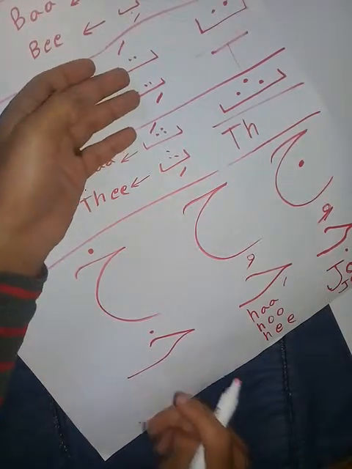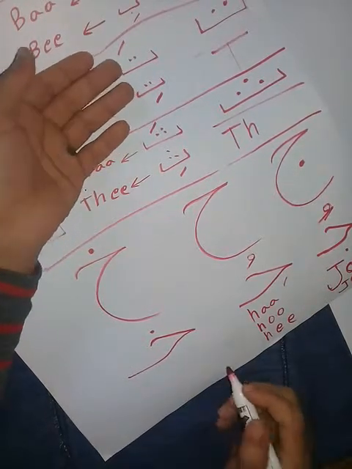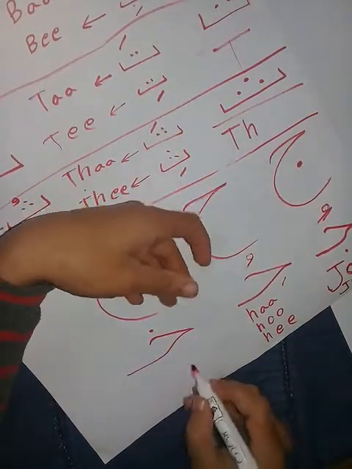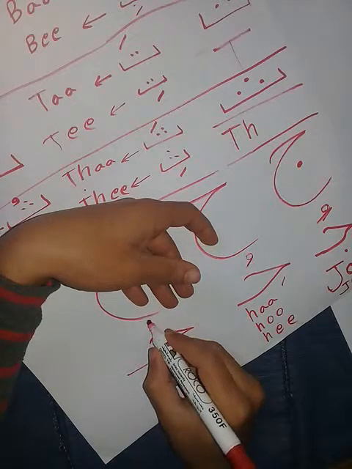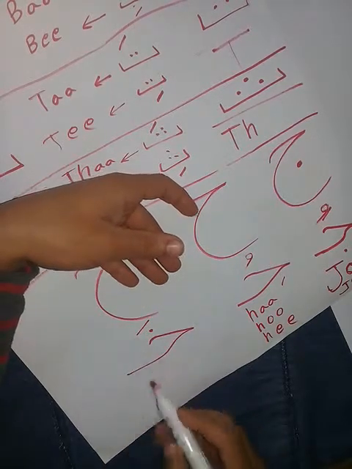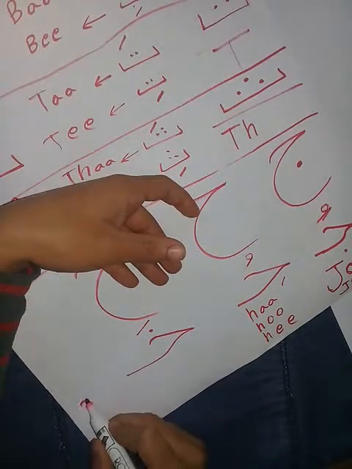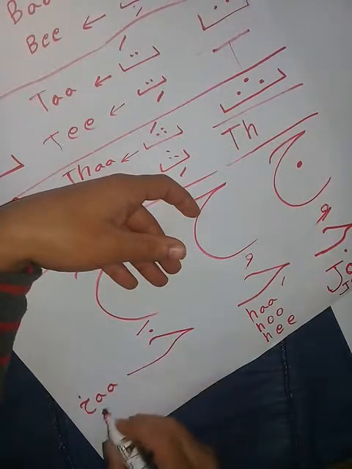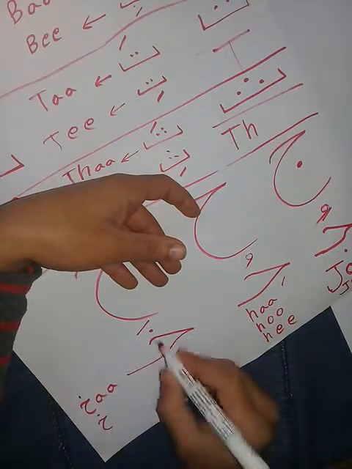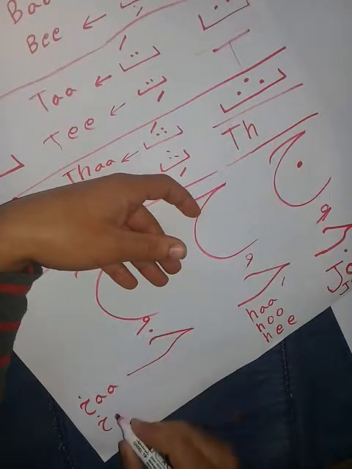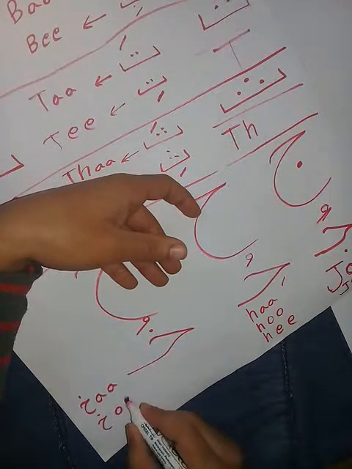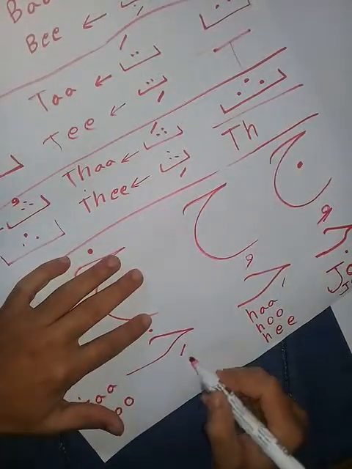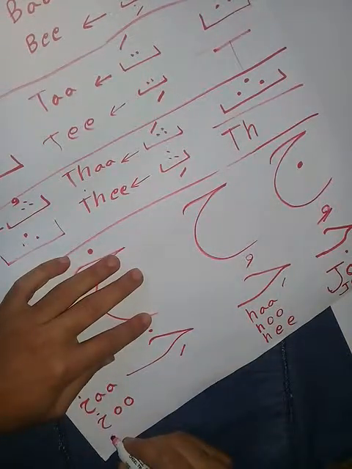This letter in the first. خاء we say خا. With ضمة we say خو. With كسرة we say خي.